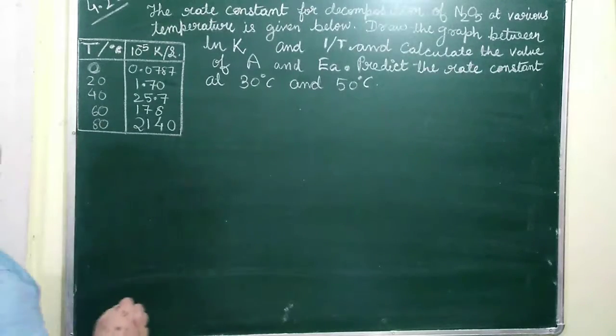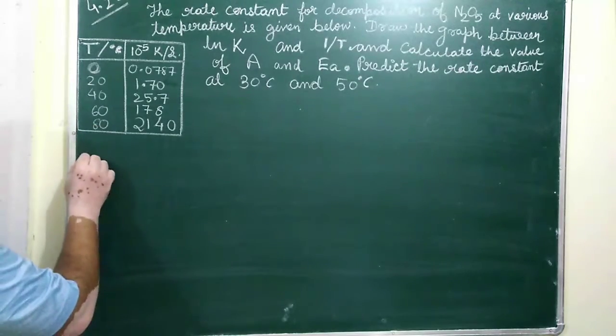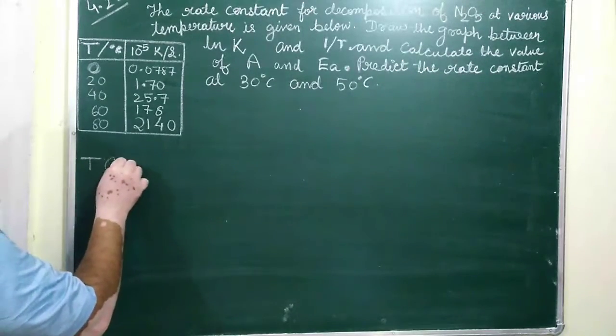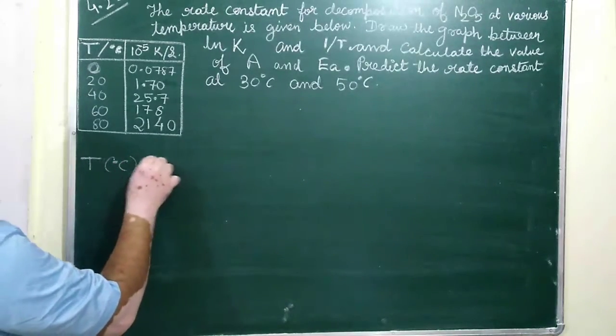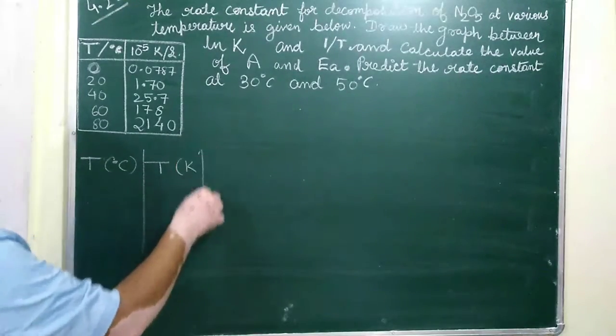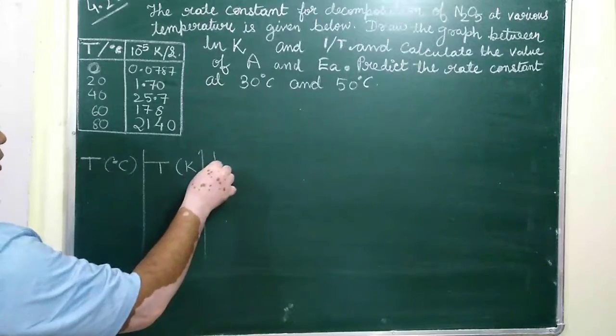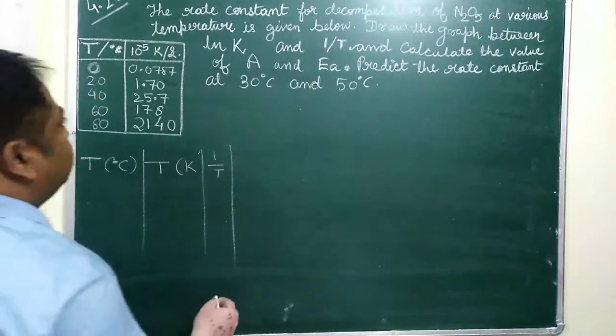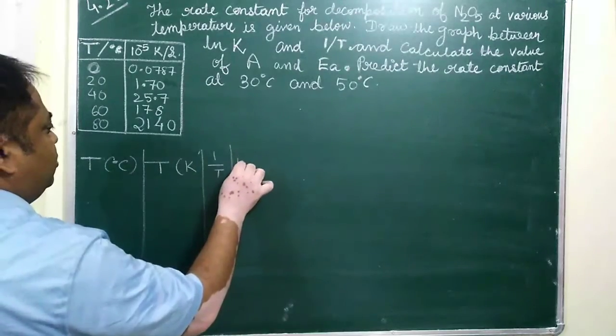Okay, now I will retabulate this data like this. T in degree C is known to us. We will find out T in terms of Kelvin. Then we will find out reciprocal of T, and then k is known to us.